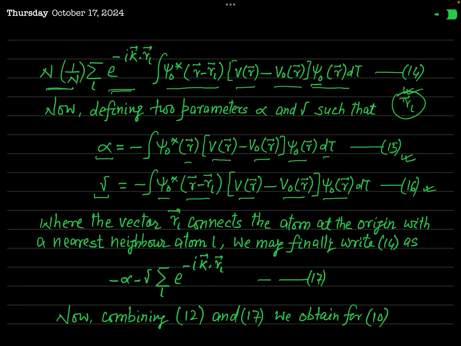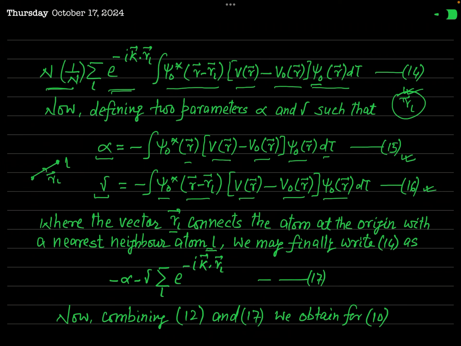Here this vector R_L connects the atom at the origin with the nearest neighbor atom L, with R_L as its position vector.